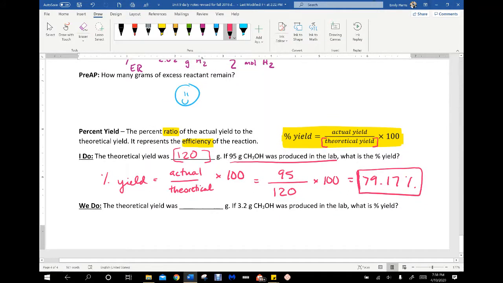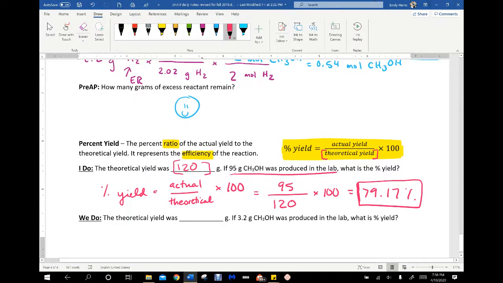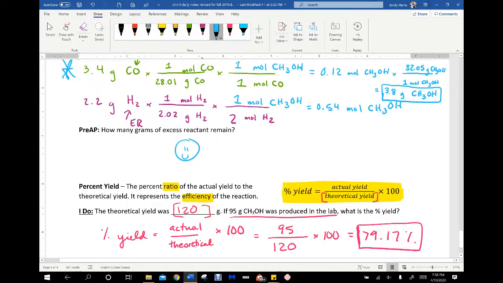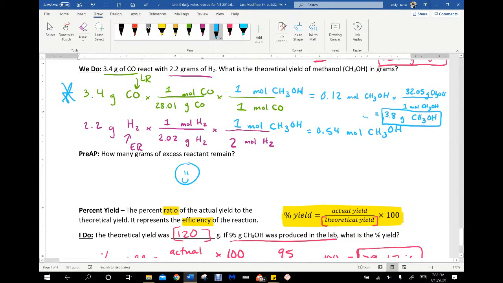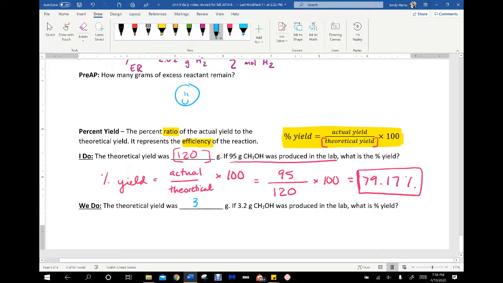All right. And then now let's try it one more time for the we do. So for the we do, again, we found that our theoretical yield was 3.8 grams. All right. And then it tells us the actual yield was only 3.2. So again, the percent yield is what we actually make in the lab over what we theoretically should have made on paper times 100.